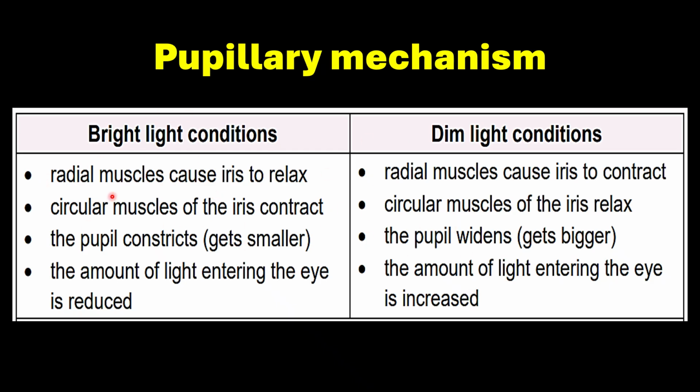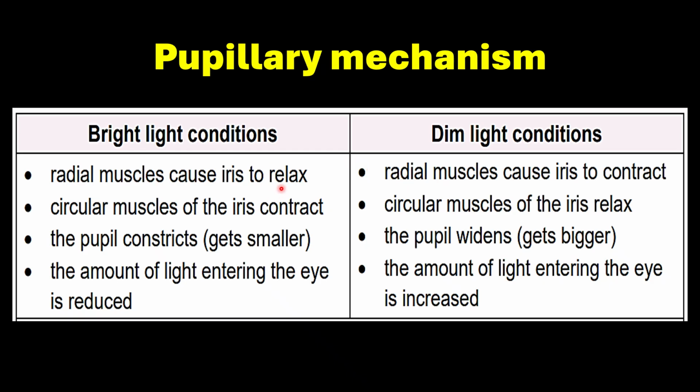But then for you to memorize it, you have to master one side, know it very well, and write the opposite if in exams the question falls under the other. If you have mastered bright light and the question is about bright light, then you simply have to write it. But then guess what? Certain structures remain the same. We have radial muscles here, we have radial muscles here.